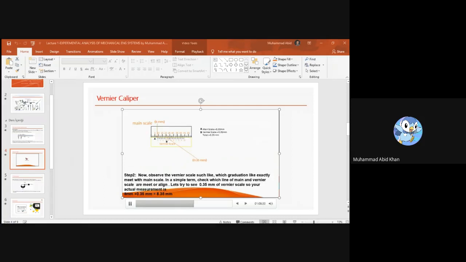In simple terms, check which line of the main scale and the vernier scale meet or align. Let's say 0.35 mm of the vernier scale. So your actual measurement is 8 mm of the main scale reading and 0.35 mm of the vernier scale reading, totaling 8.35 mm.